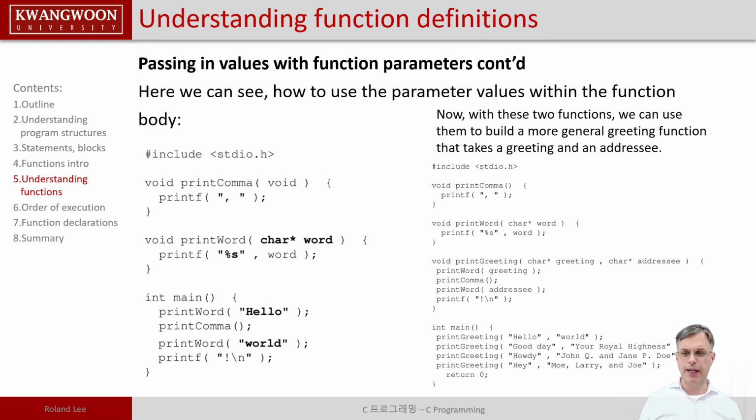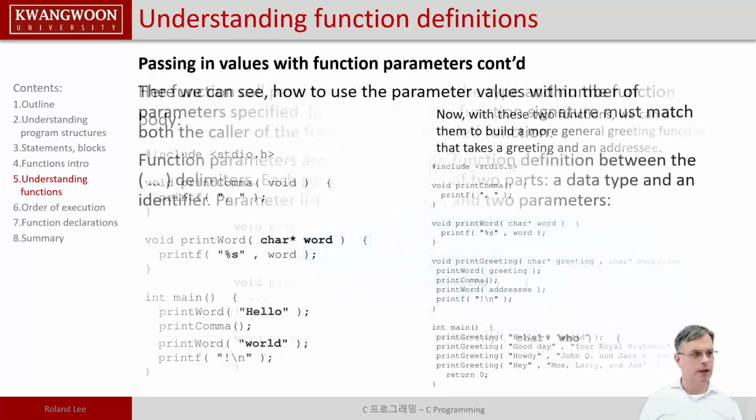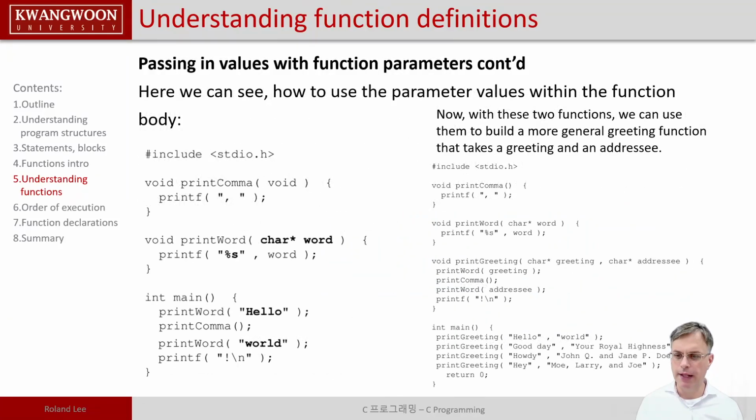In the following program, we can see how to use the parameter values within the function body. Here you see. And in the next one, now with these two functions which we have here, we can use them to build a more general greeting function that takes a greeting and the addressee.